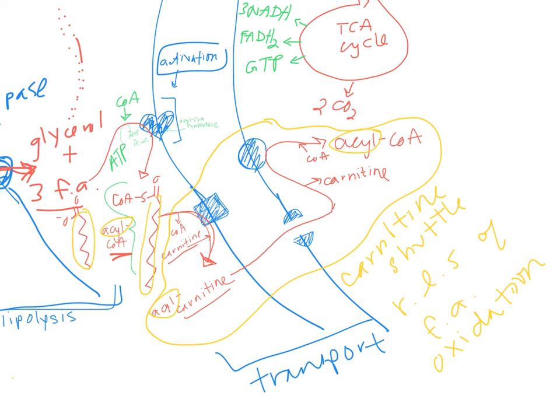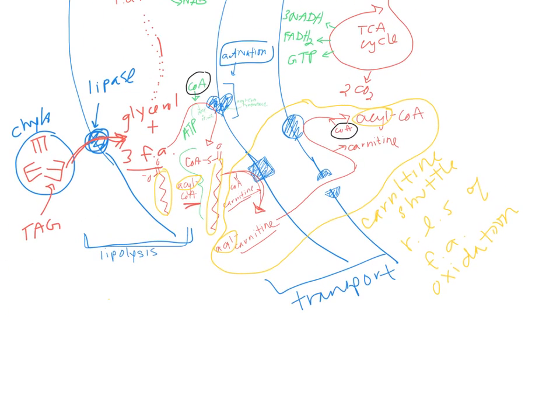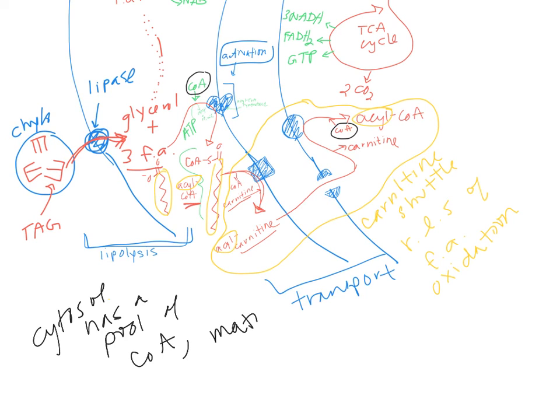One other thing that I want to point out that's going to become important later is that you'll notice that you have CoA in the cytosol and that you have CoA in the matrix. And these are not the same CoAs. So the cytosol has a pool of CoA molecules, and the matrix does as well.